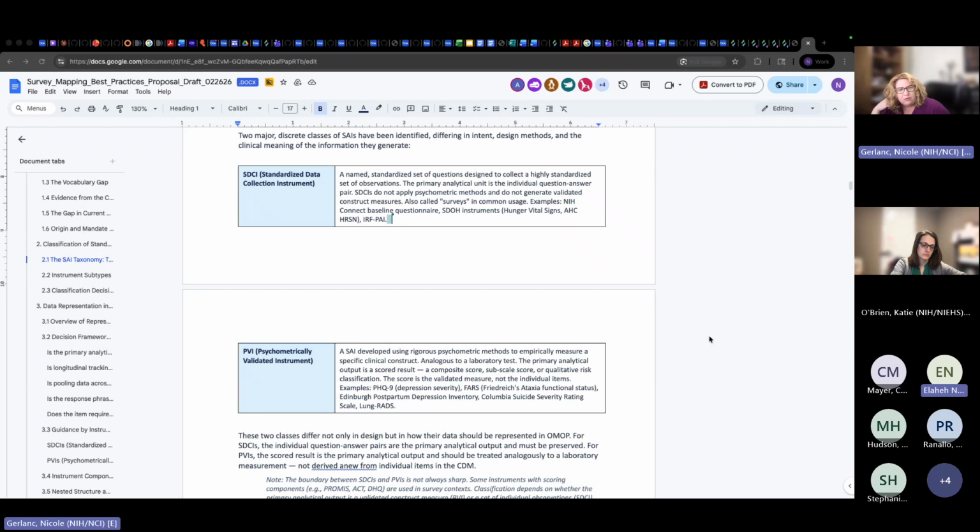Okay, thank you. Piper, oh, go ahead. May I just add another question? For PRIMs and PROMs, would it be the same if we have such surveys, like patient-reported measures? Yeah. Patient-reported measures are generally under the standardized collection instrument. PRIMs, I'm less familiar with.